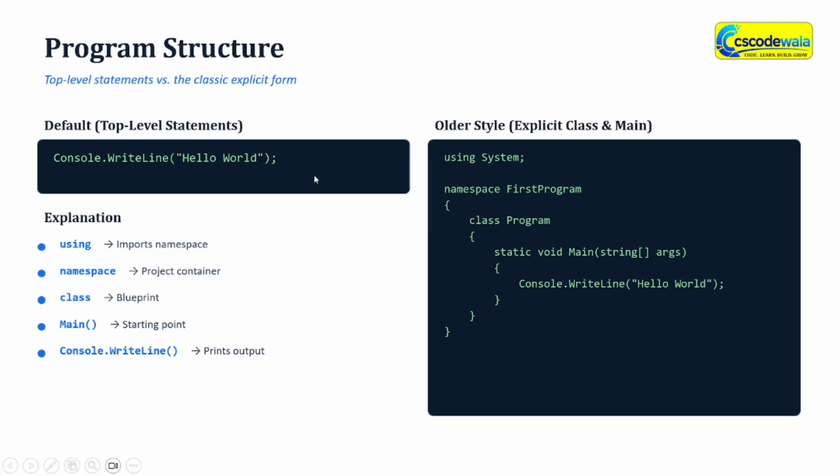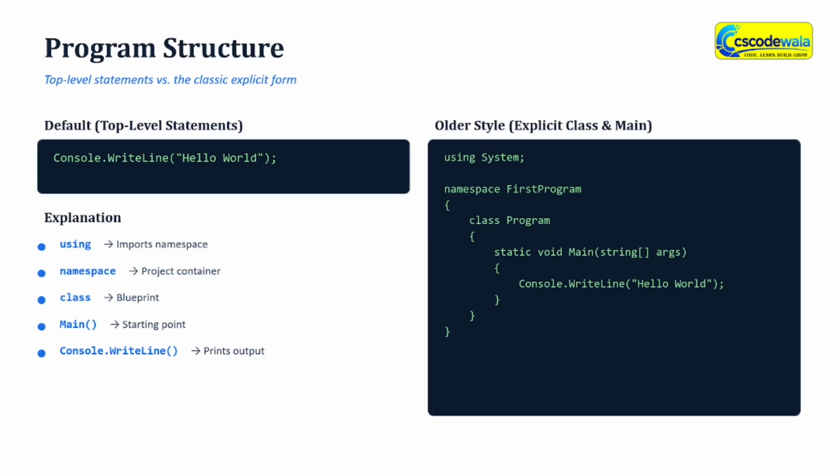In project structures there are basically two types: one is the top-level statement and another is the old style. Modern versions of C# support top-level statements, which means you can simply write Console.WriteLine hello world without creating a class or Main method.